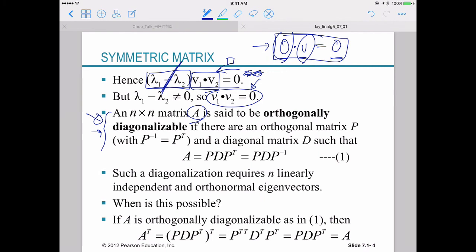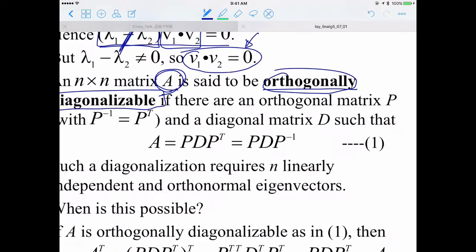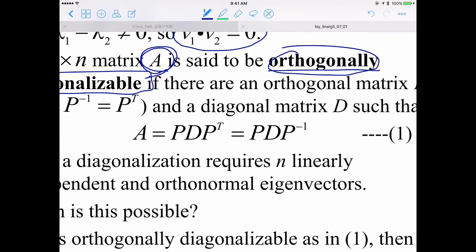If your matrix A is symmetric, then A is diagonalizable, and is orthogonally diagonalizable. Let's look at what this means.